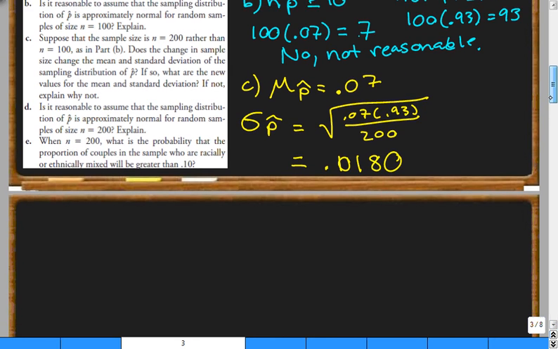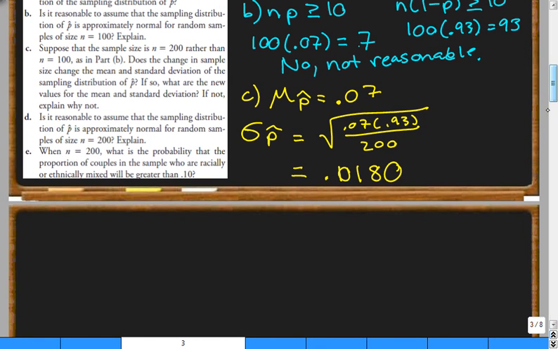And D asks us, is it reasonable to assume that the sampling distribution of p hat is approximately normal for n equals 200? So we say n times p has to be greater than or equal to 10, and n times 1 minus p has to be greater than or equal to 10.